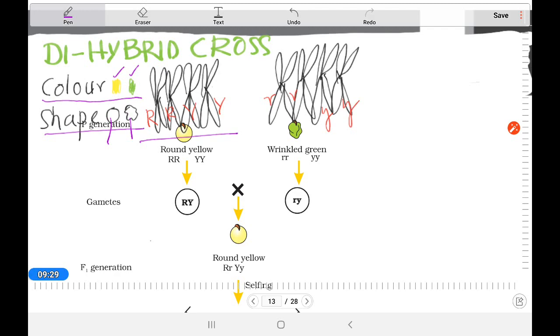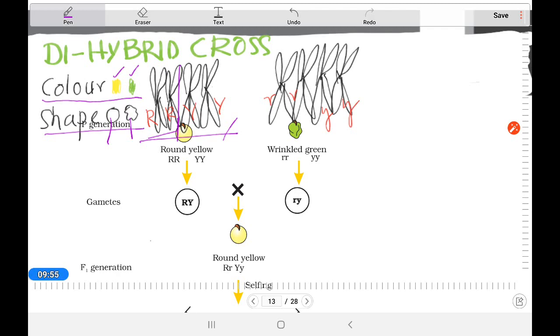You can see this is one chromosome pair, a homologous chromosome. This RR gene is there, and the yellow for the colour. Here another chromosome is there. It means the concept we are discussing is that one chromosome carries one gene.